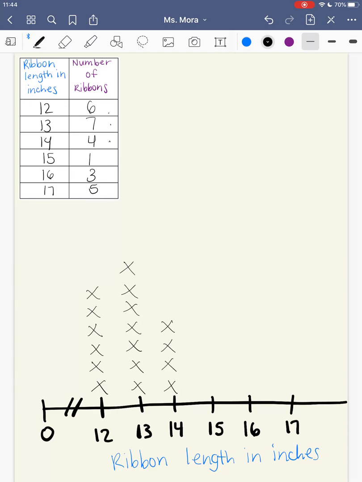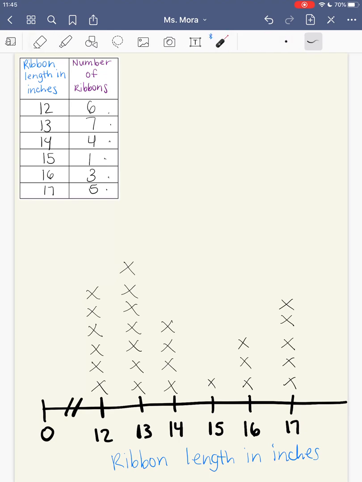And make sure, guys, that you're drawing your X's about the same size, okay? 1 ribbon is 15 inches long. 3 ribbons are 16 inches long. 1, 2, 3. And 5 ribbons are 17 inches long. 1, 2, 3, 4, 5.